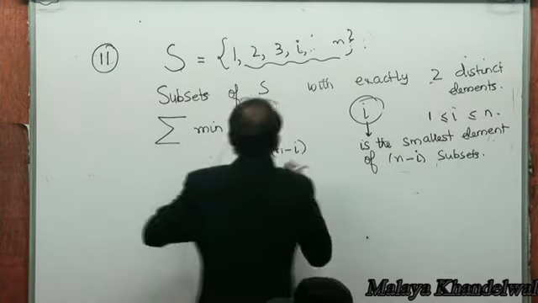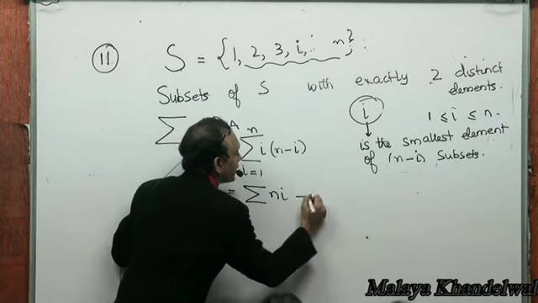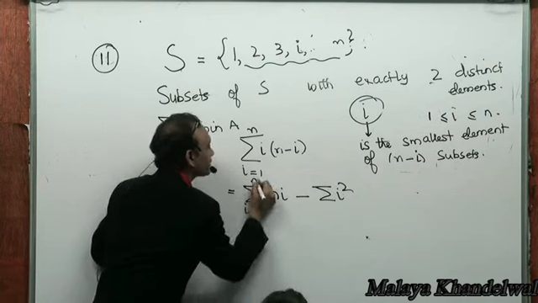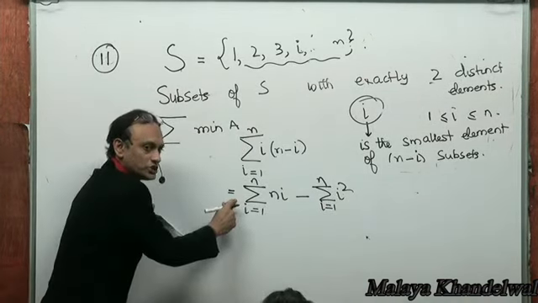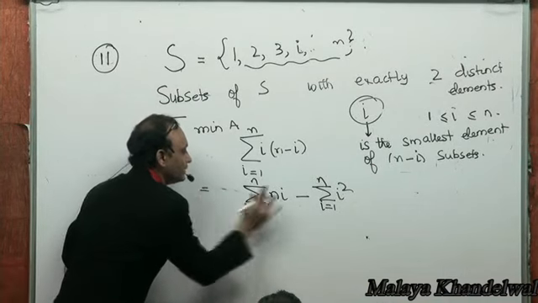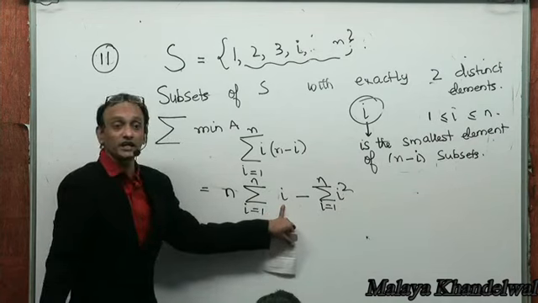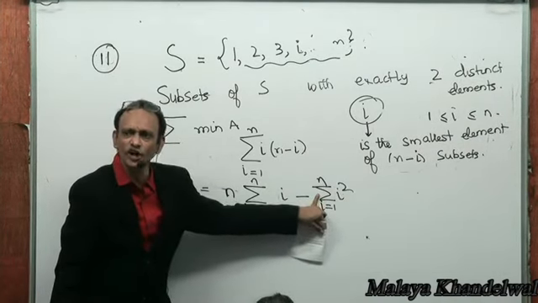Right now, this is summation of n i minus summation of i squared, i equal to 1 to n. n will wriggle out of this summation, it's independent of i. And then this would be the sum of the first n natural numbers, and this is the sum of the squares of the first n natural numbers. Yes or no?